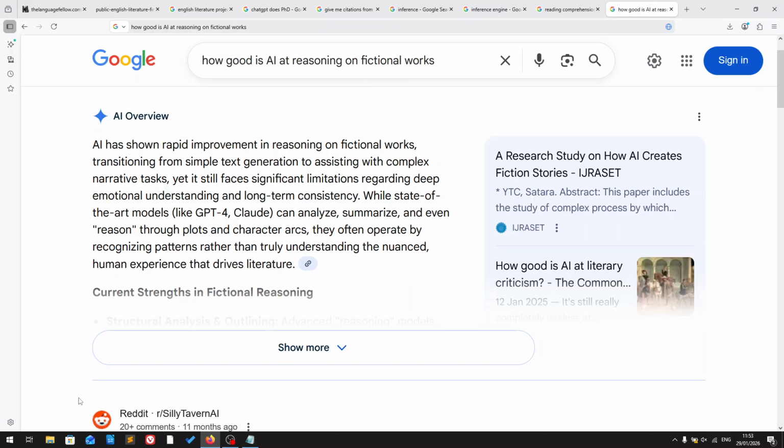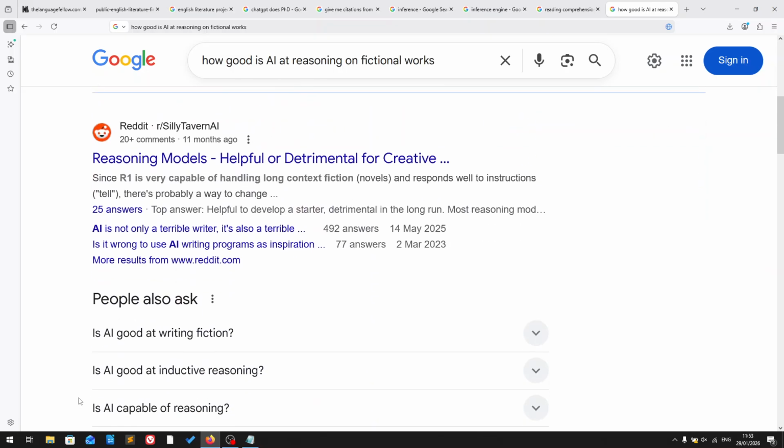Now, I'm not reading AI to find out what goodness there is. Are reasoning models helpful or detrimental for creative work?